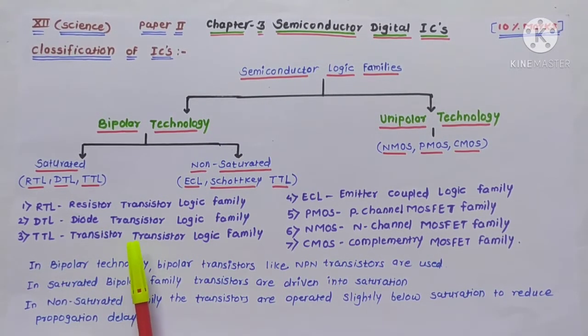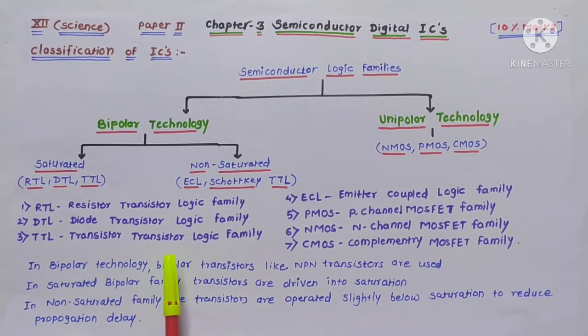Now, what is meant by saturated and non-saturated in the bipolar family? In bipolar technology, bipolar transistors like NPN transistors are used to construct the logic circuits, or integrated circuits. In saturated bipolar families, the transistors are driven into saturation, while in non-saturated families, the transistors are operated slightly below saturation to reduce power and to reduce the propagation delay.